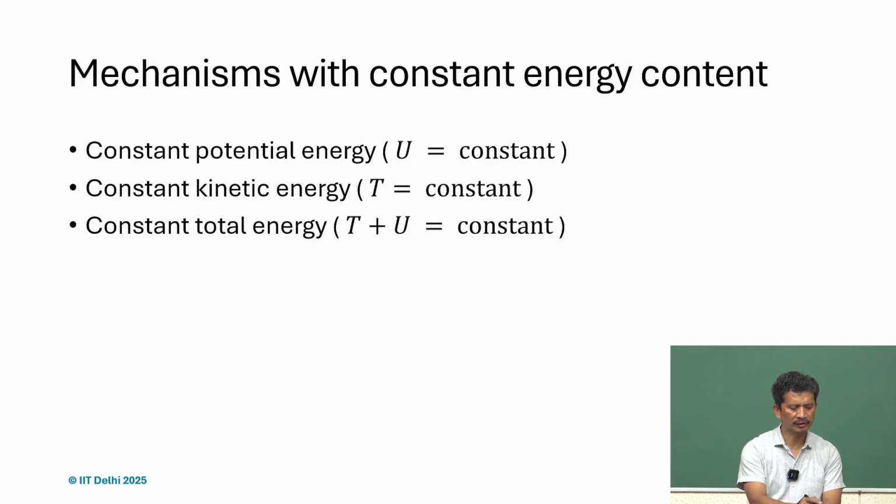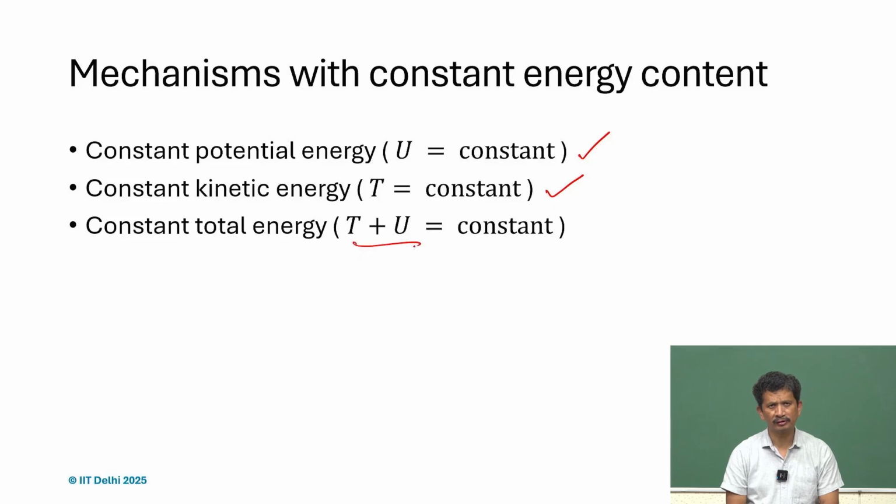One is mechanisms with constant potential energy. Next is constant kinetic energy, and overall total energy constant. So these are the three main categories we can think of, and then we'll try to analyze one by one.